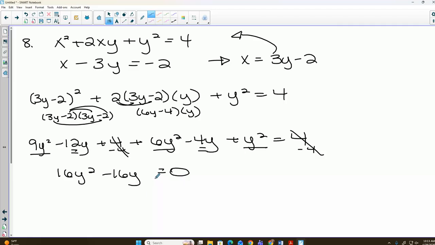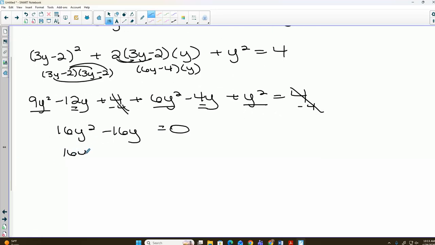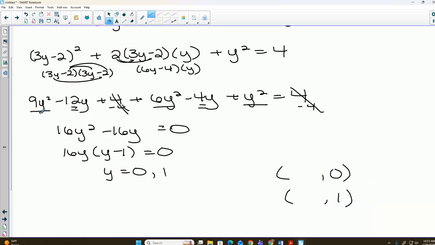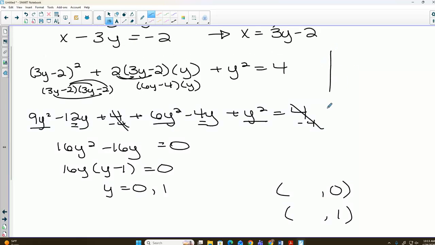GCF, what can I take out? So if we set those equal to 0, we get y to be 0 and 1. So 2 points. 1 when y is 0, 1 when y is 1. We have to plug them back in to get x, but we know x is 3y minus 2.